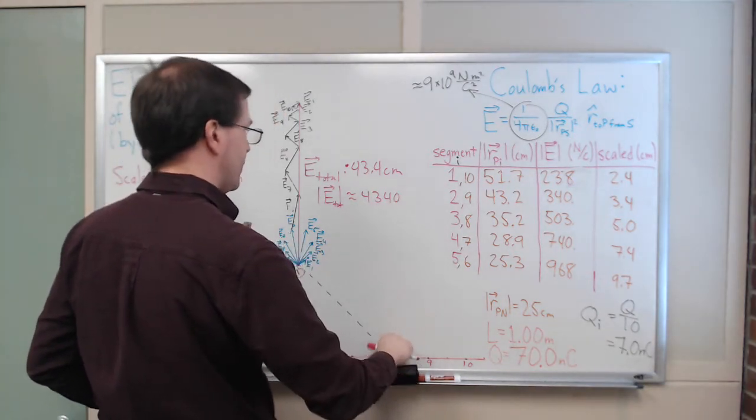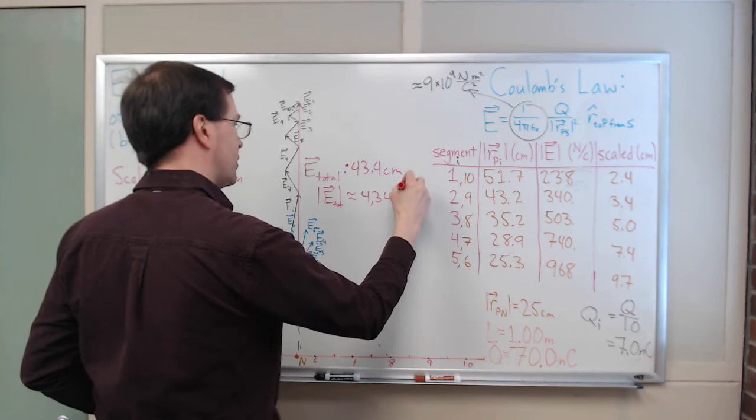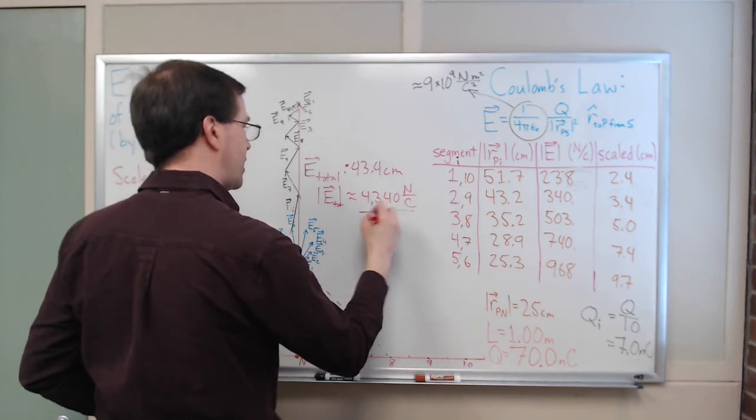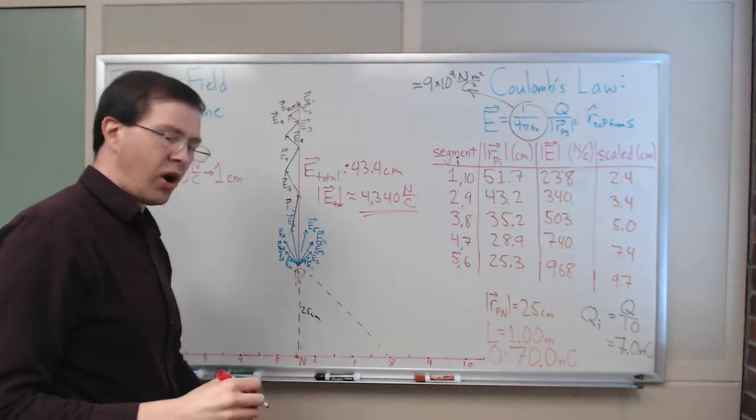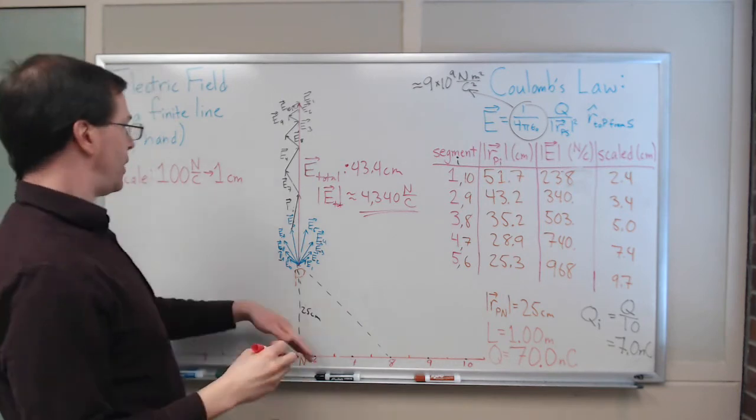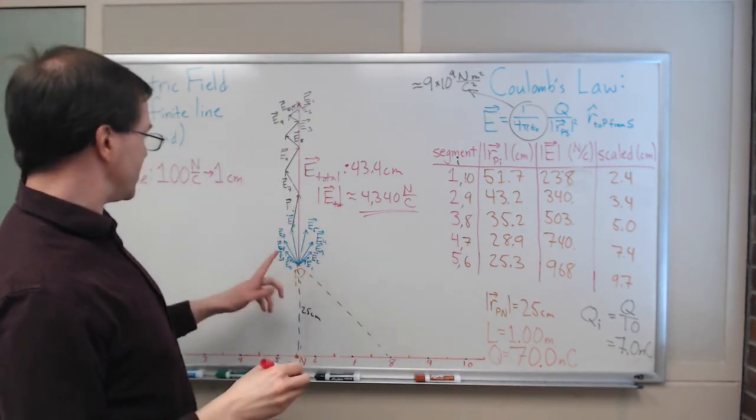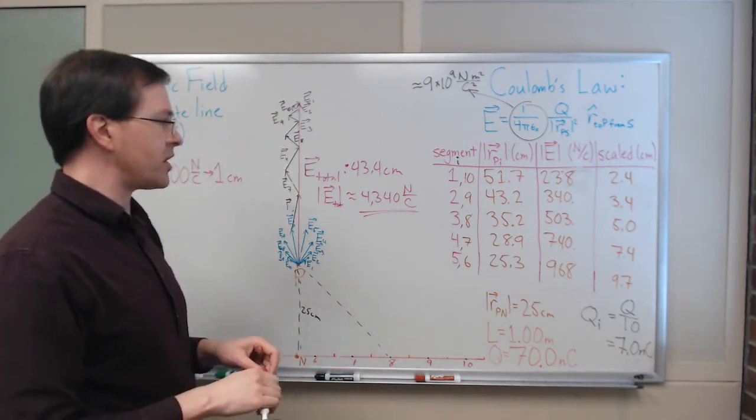That's more like it. 4,340 newtons per coulomb is what I come up with just doing this drawn picture on the board. Using these arrows to scale, I got that result.